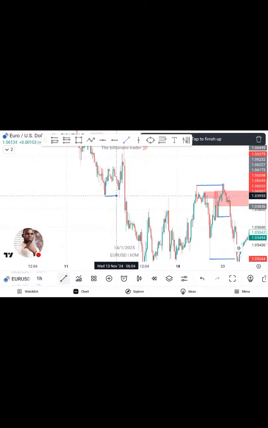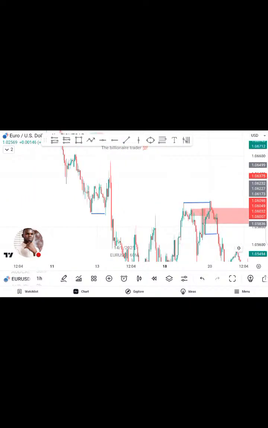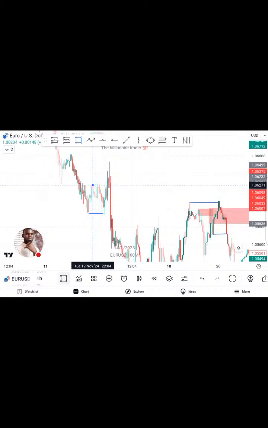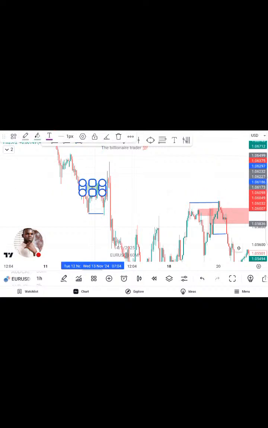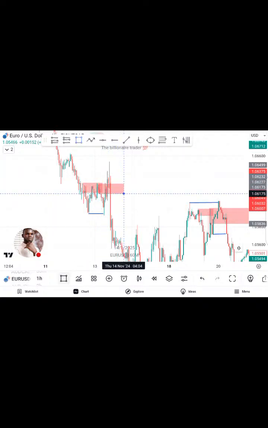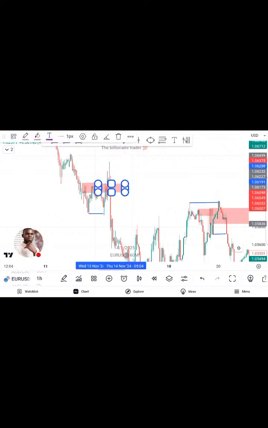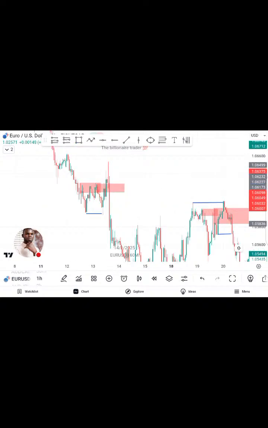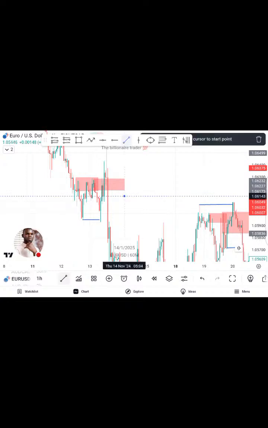This reconstruction. We already have a mitigation here, which led to the reconstruction. So the next area for mitigation is here. After that, maybe there is a change of character, but what happened?